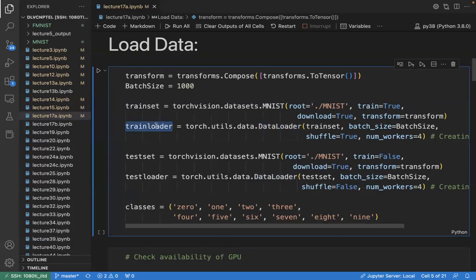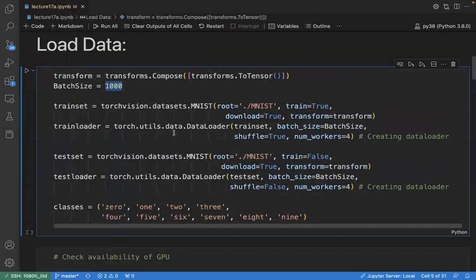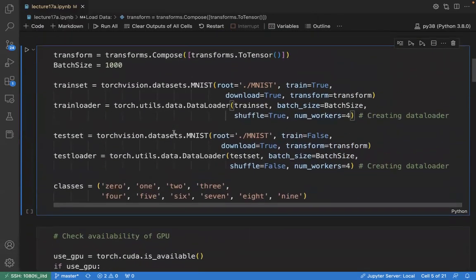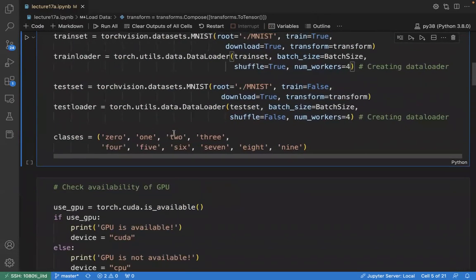So the train loader will be a pointer which will point to the dataset. When we query the dataset, it will give us a batch size of a thousand, which you can use further for our task.